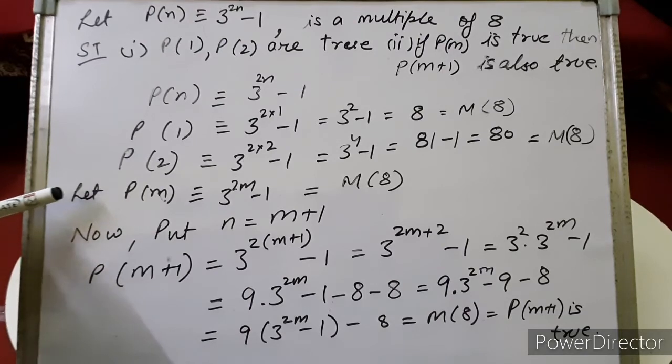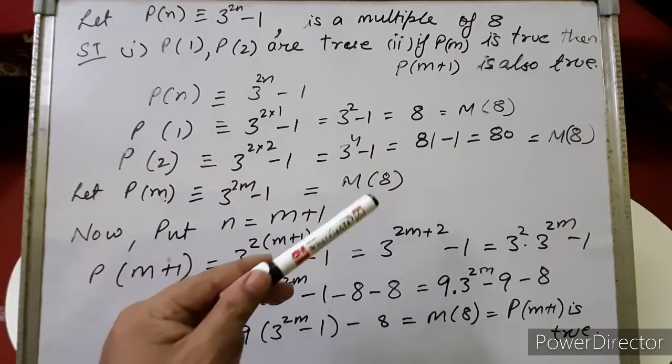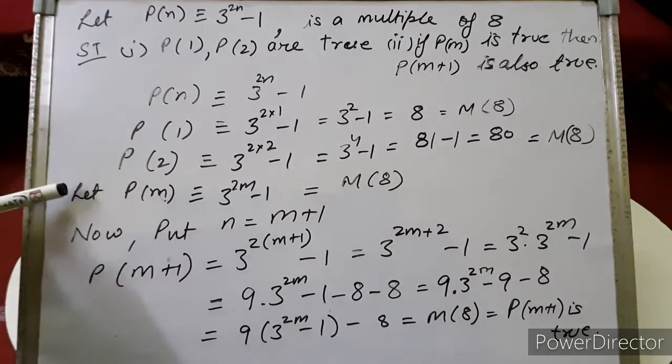So we have assumed that it is a multiple of 8. That means 3 to the power 2m minus 1 is divisible by 8. So we have written it as M(8). M bracket 8 means multiple of 8, right? Now we have to prove that it is true for Pm plus 1.